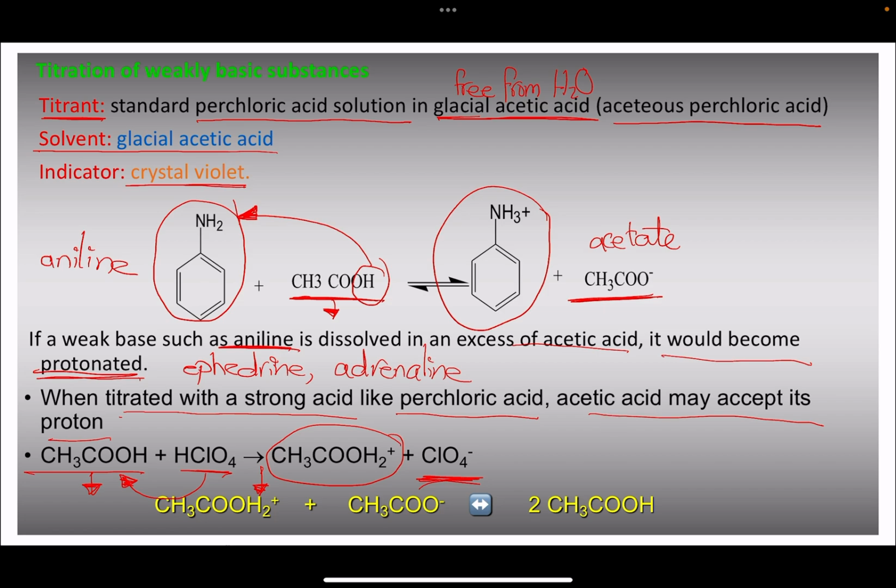The final reaction is the interaction between the protonated acetic acid and the acetate ion to produce two acetic acid molecules again. So the reaction is a transfer of protons to the solvent and an interaction between two solvent molecules, one is protonated and one is devoid of the proton.